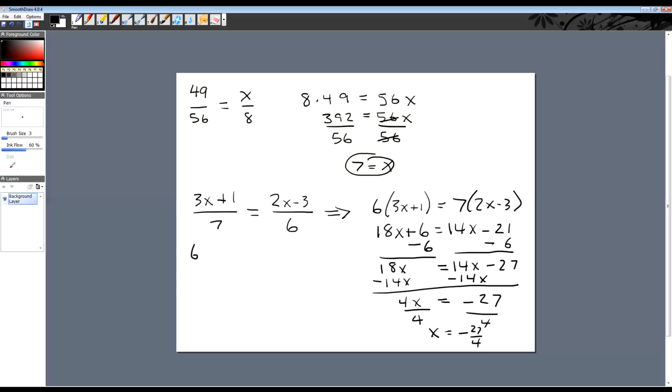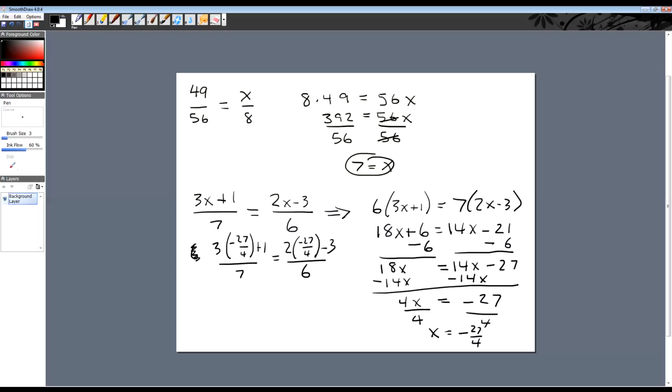So let's go back up to here, and let's say, okay, 3 times x, where x is negative 27 fourths, plus 1 over 7 equals 2 times negative 27 fourths minus 3 divided by 6.